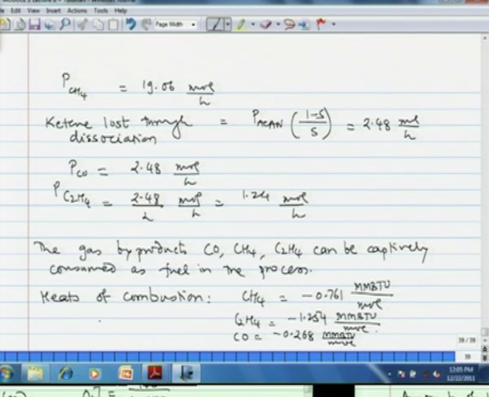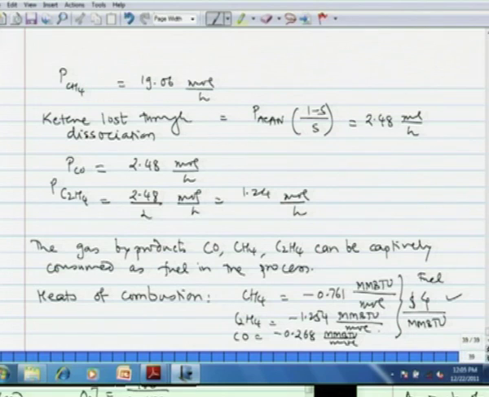The fuel cost in general can be taken as $4 per MMBTU. This is the same value as we have used in our previous example of acetone manufacture.